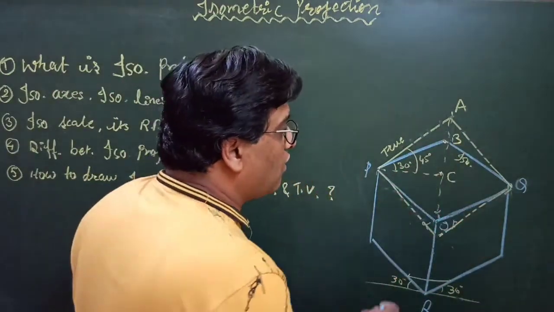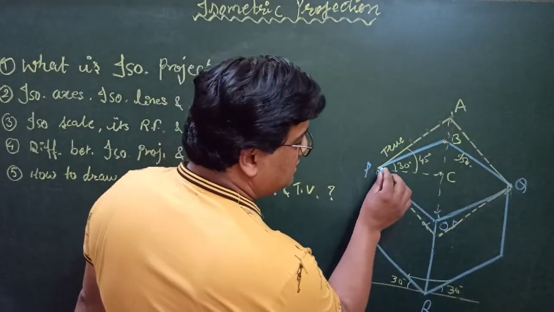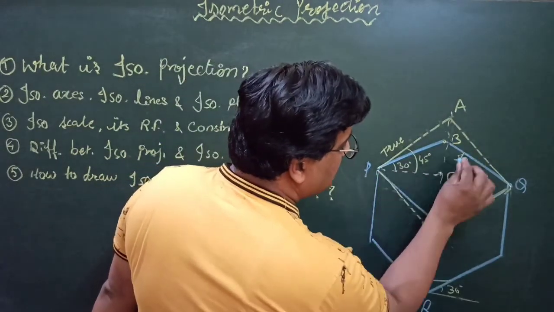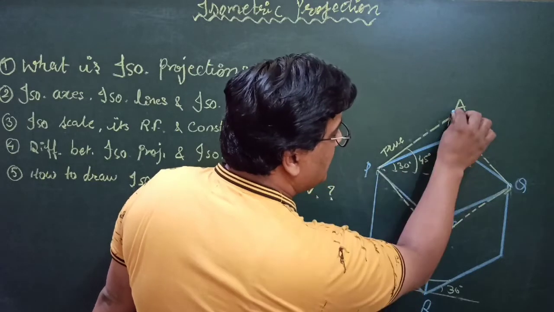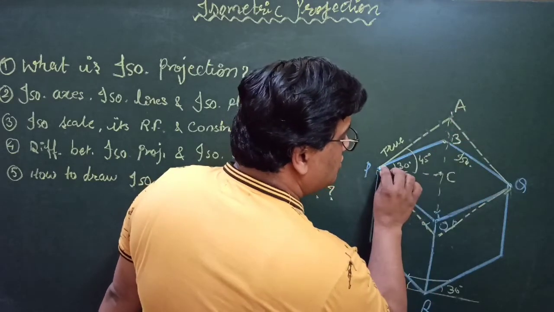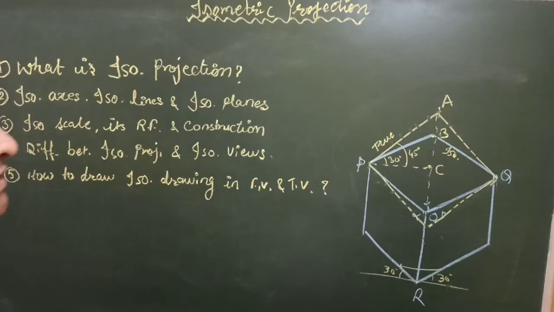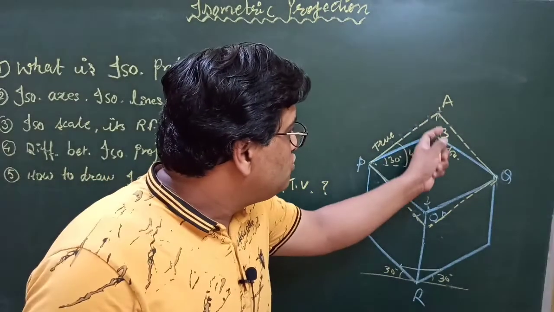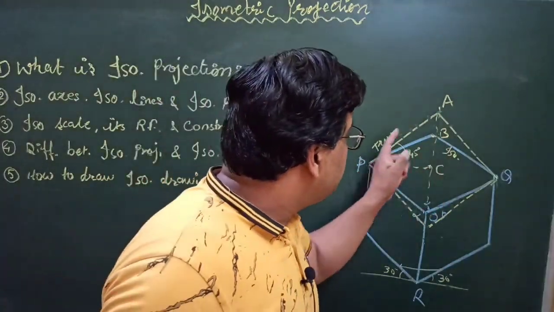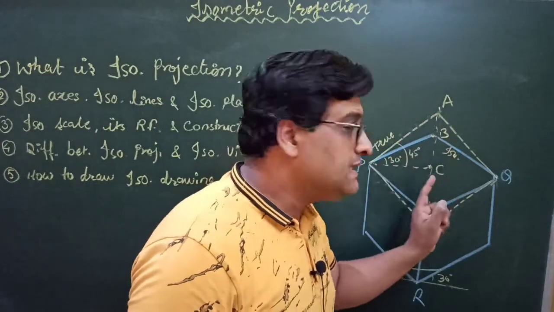So we can form 2 similar triangles here, PBC and PAC. See here. Now let us consider these 2 similar triangles, PAC and PBC.